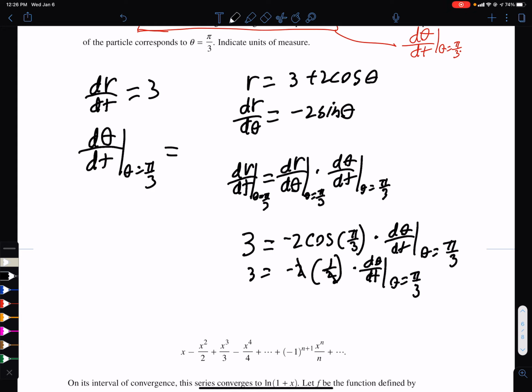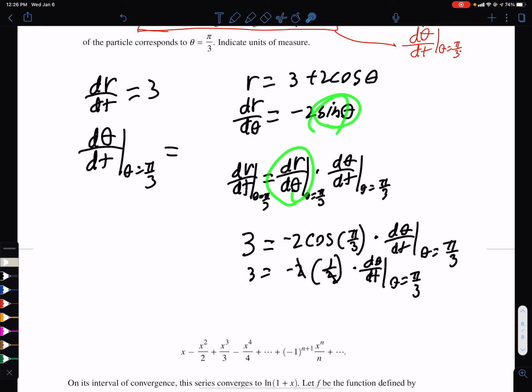Multiply both sides by negative 1. I get negative 3. Something's not right here. Let me think. Oh, whoa. Back up. I put a wrong thing here. I knew something wasn't right.